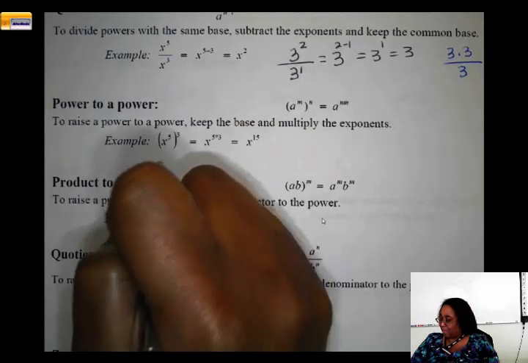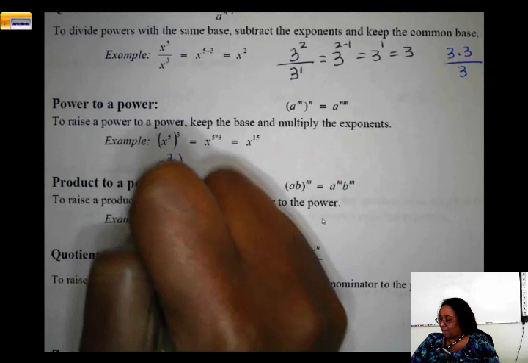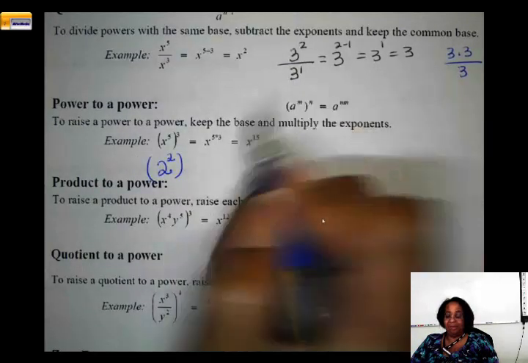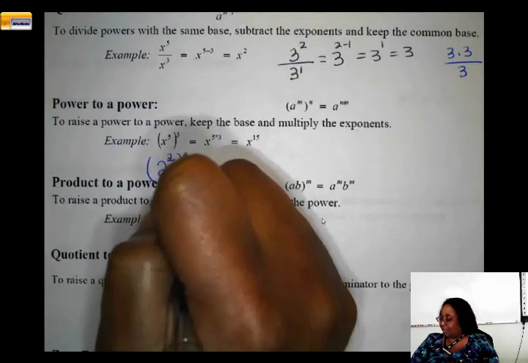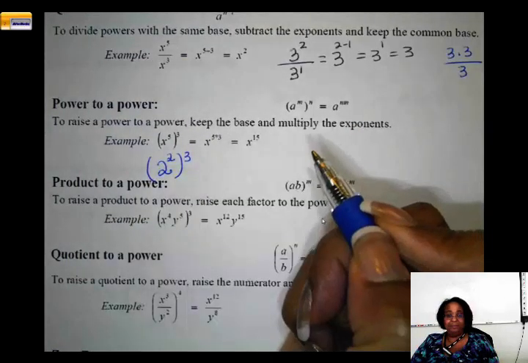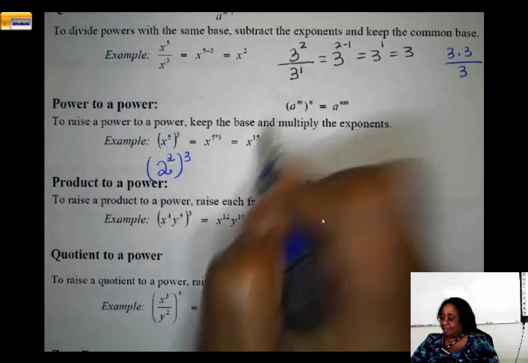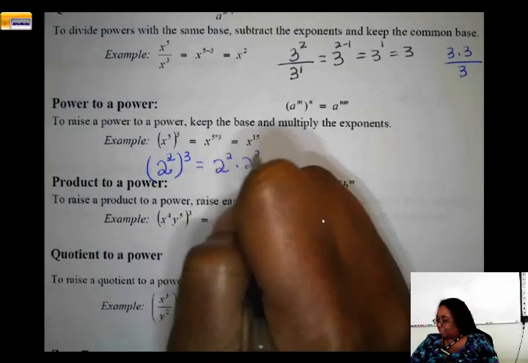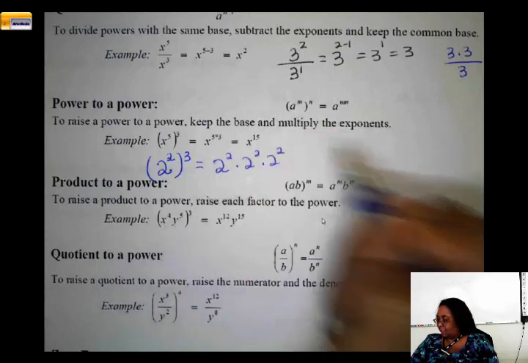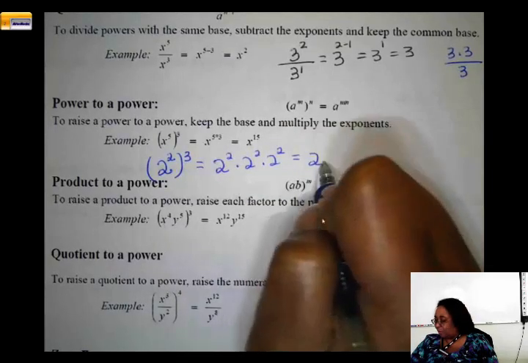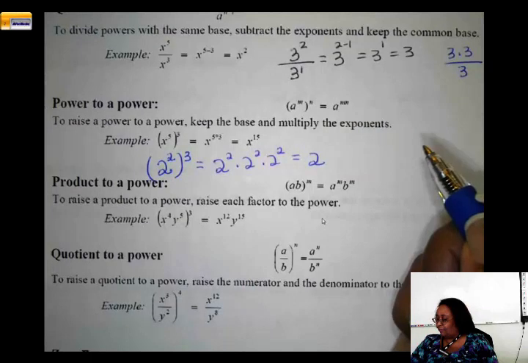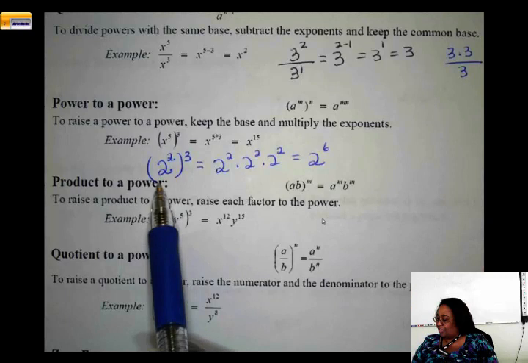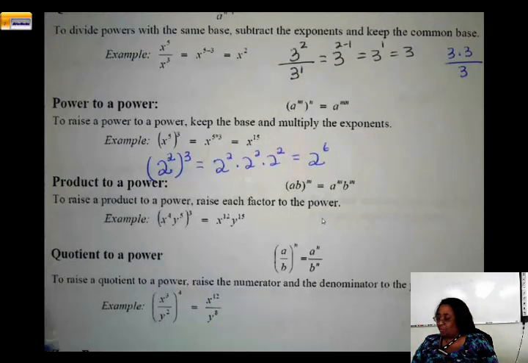So if I have 2 to the second power, and I'm taking the entire power and raising it to maybe 3 here, that's the same as taking 2 to the second times 2 to the second times 2 to the second, which would be 2 to the what? 6. Well, isn't that the same as taking 2 to the 2 times 3, which is 6?